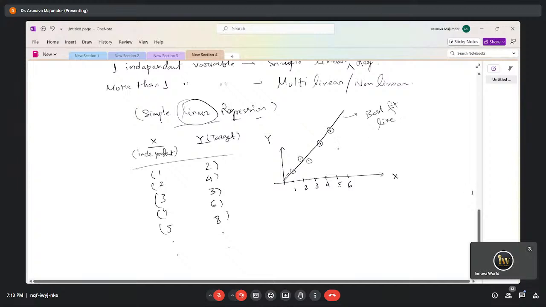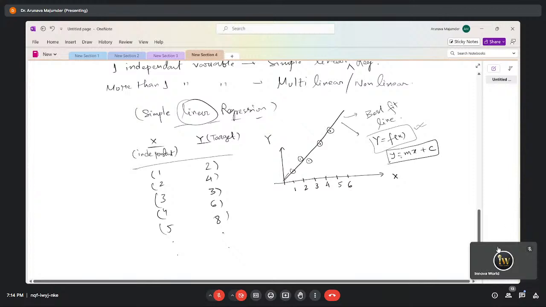So how is estimation happening? Since it is a straight line, we have a straight line equation, which is y equal to some function of x. In the model we need to create this kind of function: y equal to mx plus c.